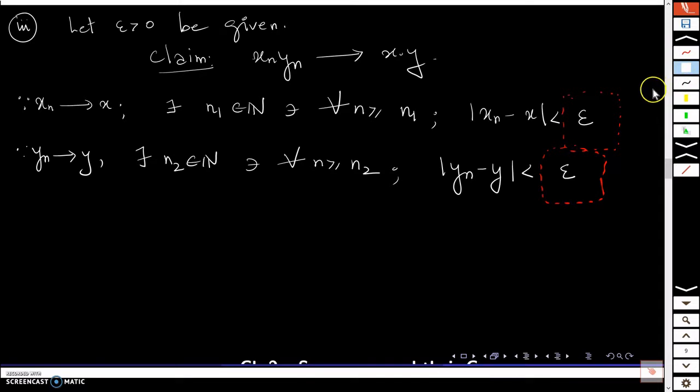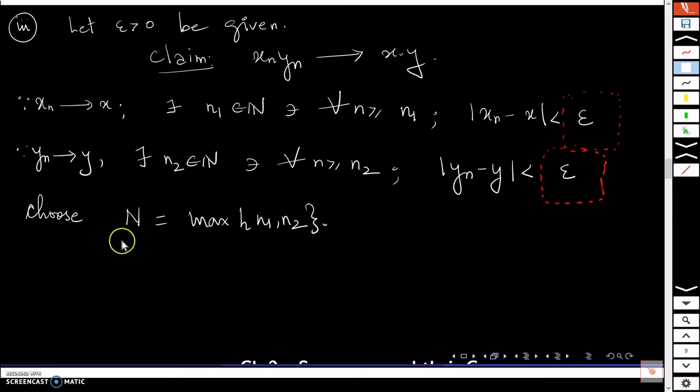Okay. So I need one natural number for which both the conditions work. And we have already come across such situations before. So what we do, we choose some notation, let's say n, to be the maximum of n1 and n2.